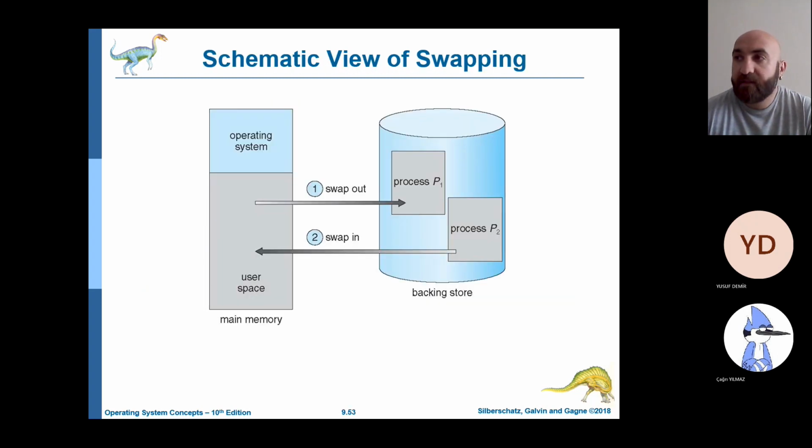Here is the schematic of standard swapping of two processes using a disk as a backing store. We have different processes in our main memory. We can swap out a process to the backing store, and also swap in a process to memory from the backing store and continue its execution.